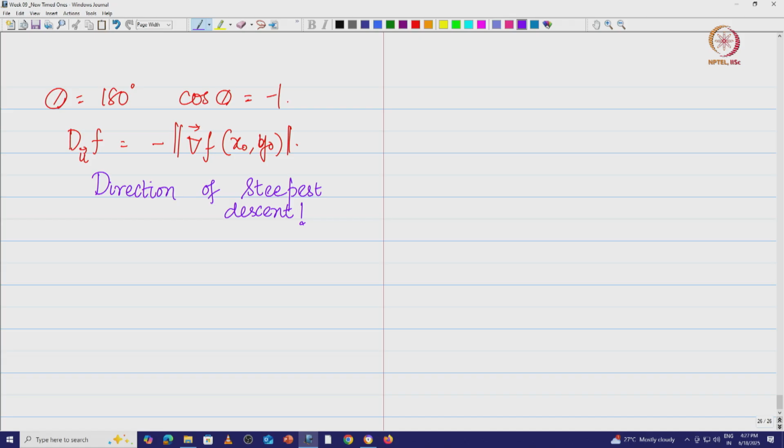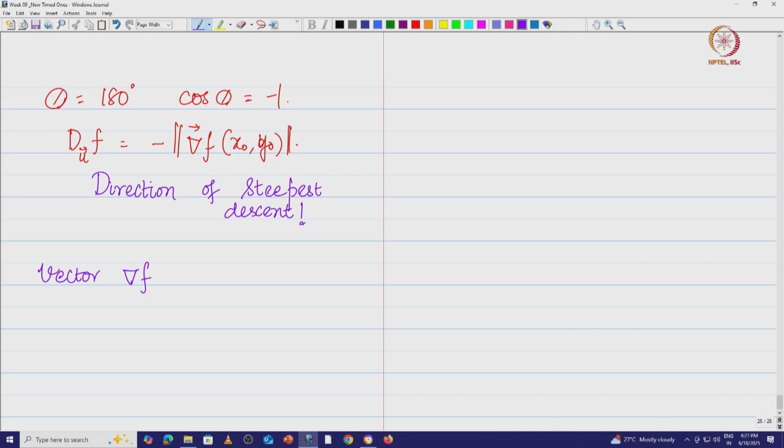So, the vector grad f, this is basically an inverted triangle. You have a name for this, you call it nabla.